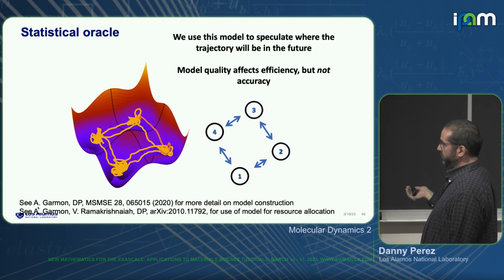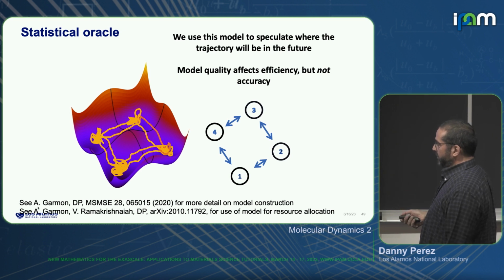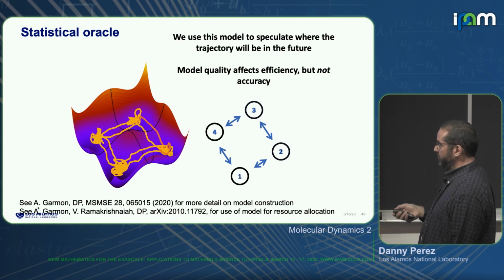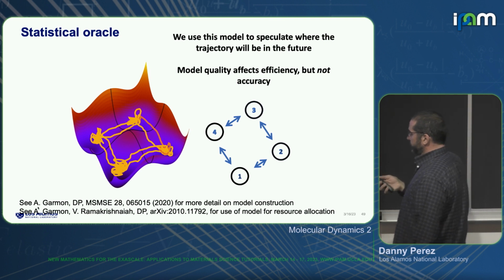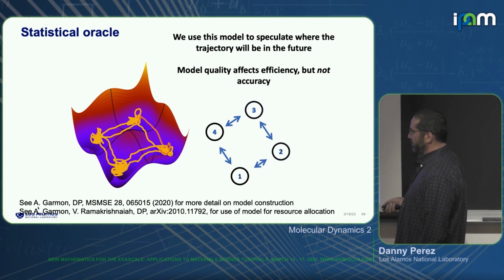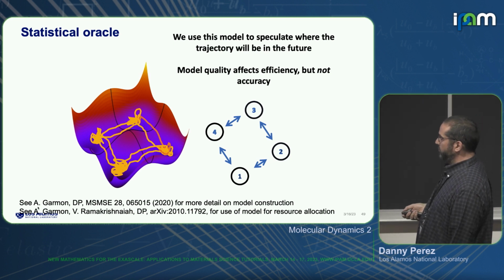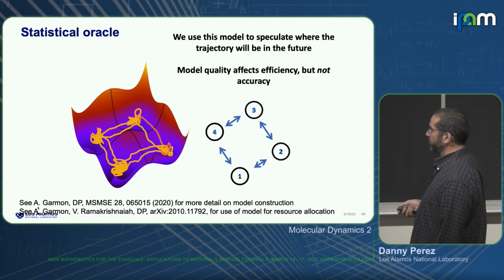So what we do in the real code is that we learn on the fly a model of how the states are connected, and then we do simulations on that model to predict the future of the trajectory, to decide how many of these segments should I start in each one of these states. So I won't say too much about this, because I'm going to tell you more about our recent work on that in workshop 1. But these are ideas that we're building on.